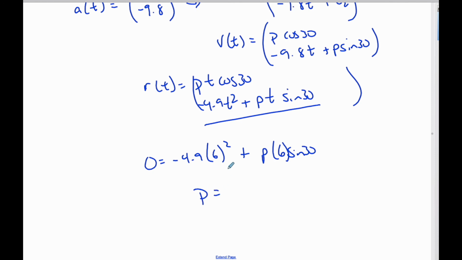And so p will be 4.9 times 6 squared over 6 sine of 30. When I do that, I end up with 58.8 meters per second.